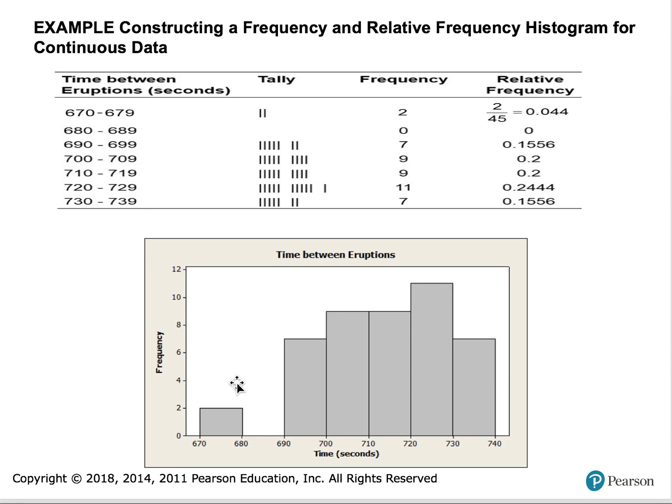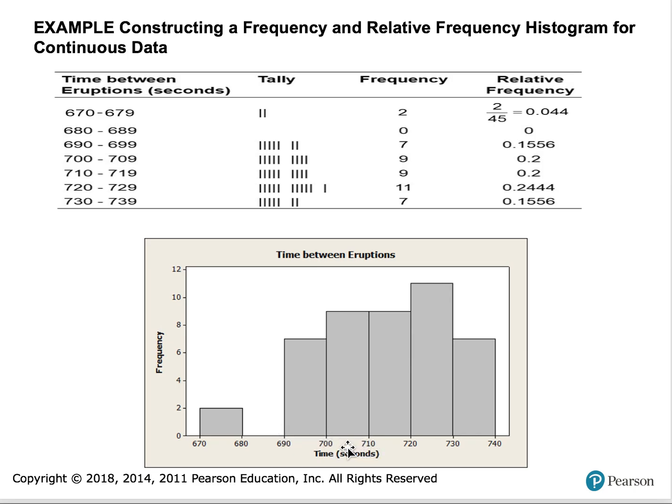Okay, so to draw the frequency histogram, use the frequency distribution. I've copied it right here again, kind of squished together so it would fit on the page. First label the lower class limits of each class on the horizontal axis. Notice 670, 680, 690, 700.